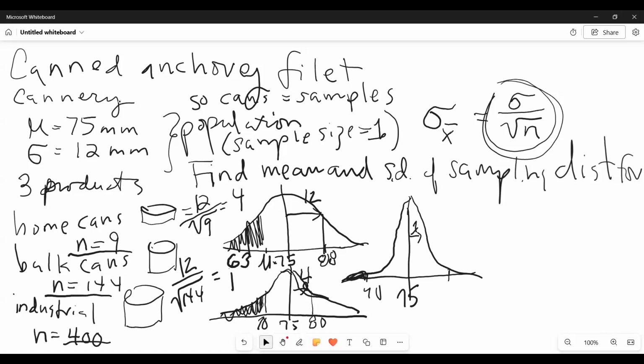If we keep going for 400, we're going to get 12 divided by root 400, and that equals 12 over 20, which is 0.6. So this one's going to be even skinnier.